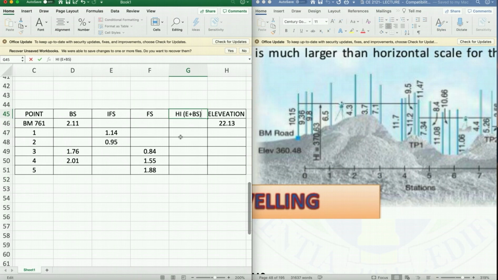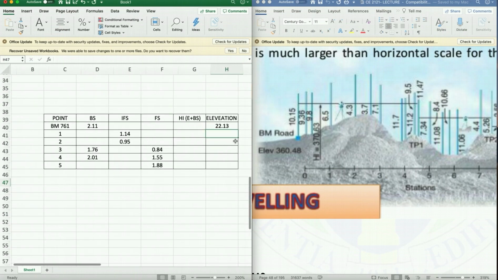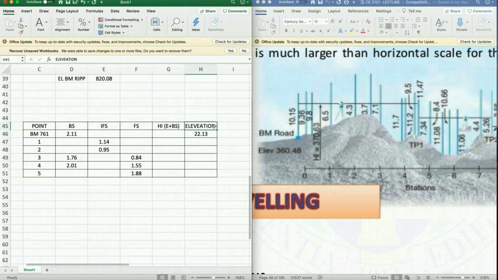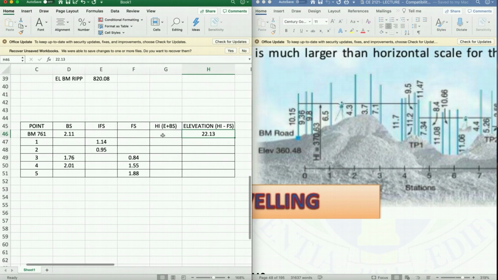Then for the elevation, it is height of instrument minus foresight. Okay? So yan, palakihin natin. So that's it. So we can now proceed.